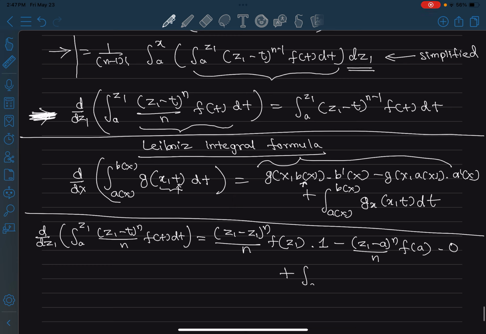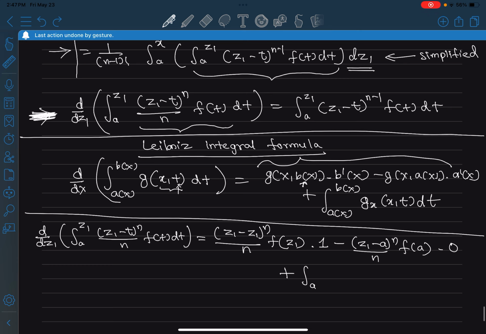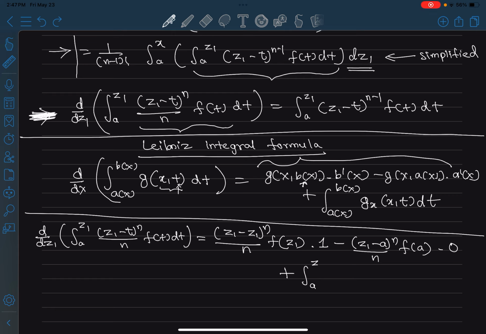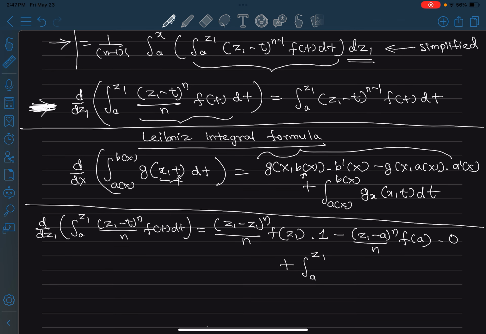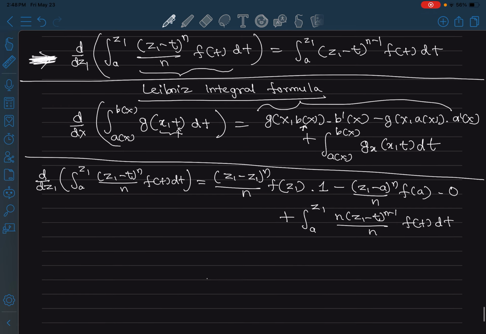And now the integral from a of x to b of x, where a of x is again just a and b of x is g1, and now g prime of x. The derivative is with respect to x, which is g1 in this case. If we take the derivative with respect to g1, what we will have is n times g1 minus t to the power n minus 1 by n, and all these other things will be as they are.